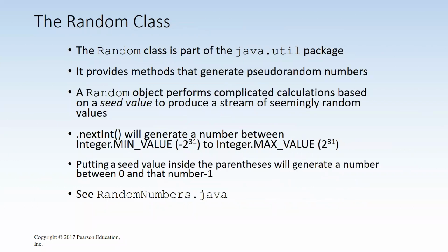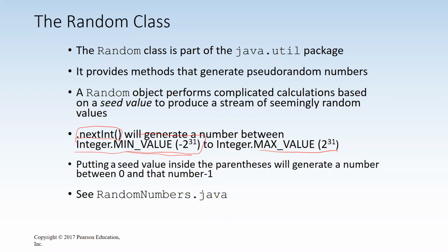The Random class belongs to the java.util package, okay? It provides methods that generate pseudo-random numbers. A Random object performs complicated operations, but we don't have to worry about that. So nextInt is a method that will generate a number between this and this.